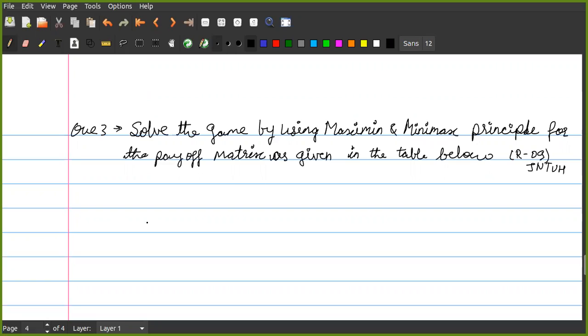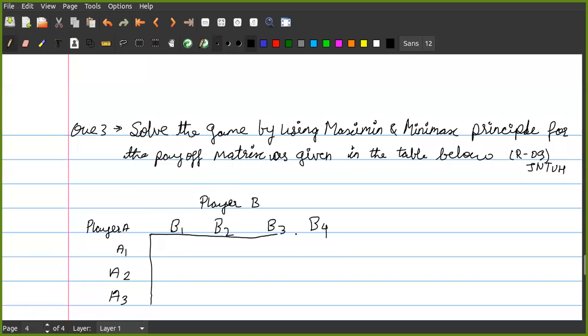So you can solve this. We have here player B, then here it is player A. For player B it is B1, B2, B3 and B4. For player A it is A1, A2, A3.